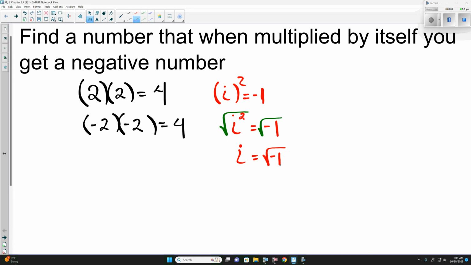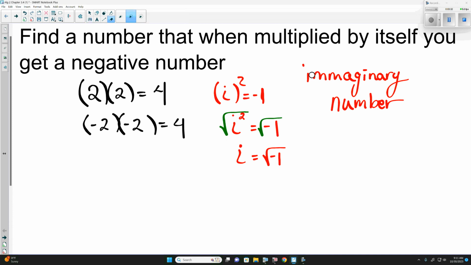Because i is what we call an imaginary number. i is an imaginary number.